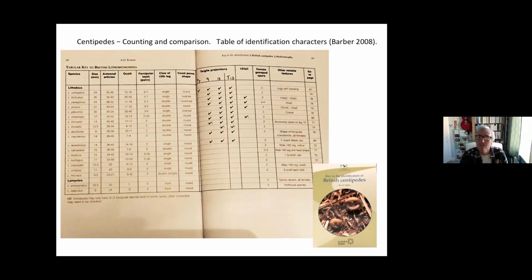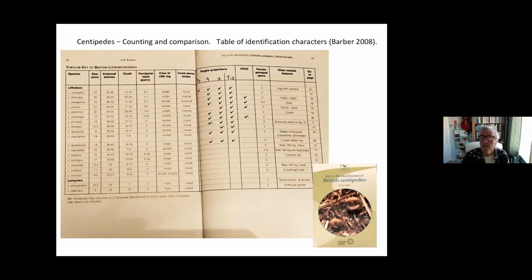A lot of centipedes look very, very similar. They're ostensibly identical in some respects, but when you get them in your hands and look at these characters, it's a matter of comparing and contrasting one against another.